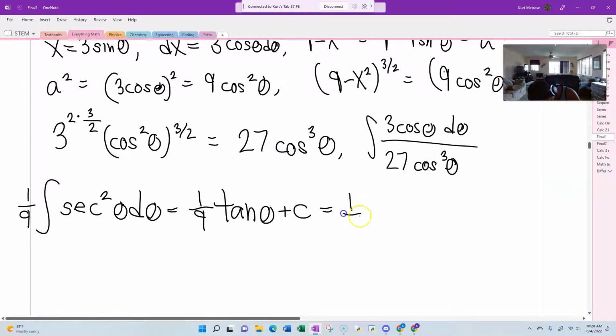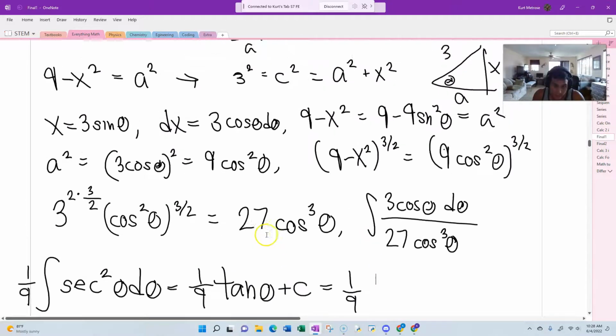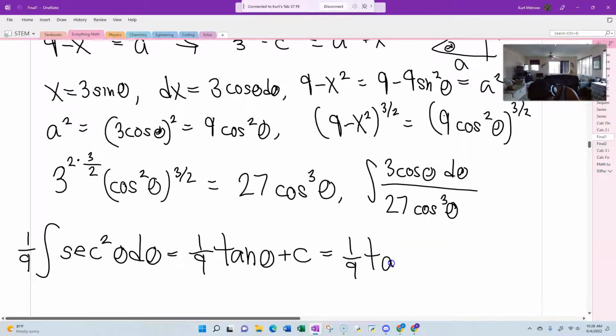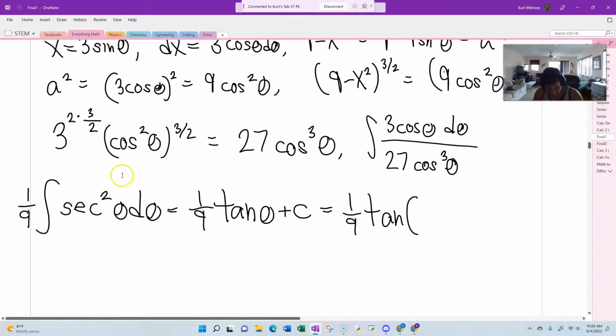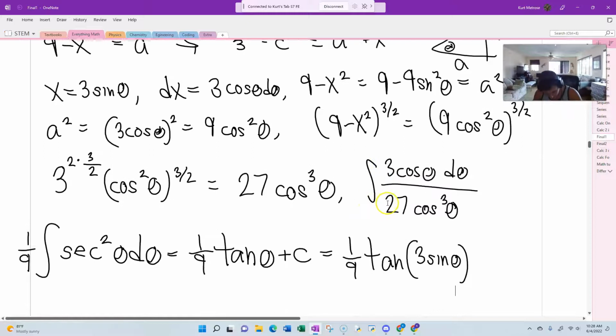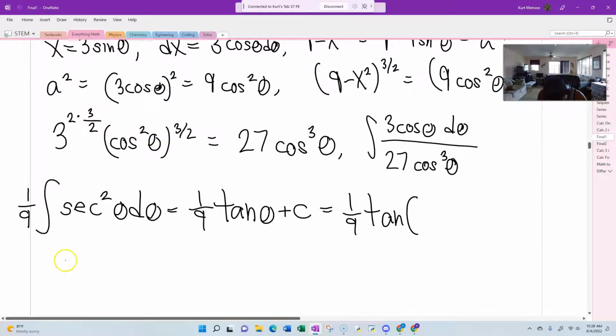So this is equal to 1/9, and the tan theta turns into tan of what? Where is the x? x is 3 sine theta. Sorry, I said that wrong. x is equal to 3 sine theta, so we want theta by itself.